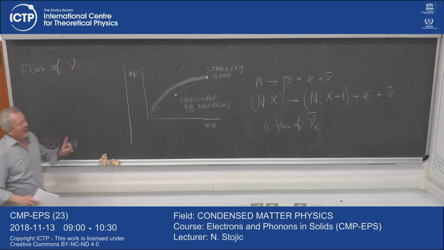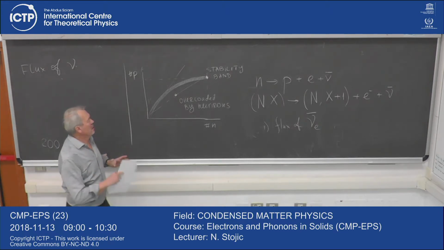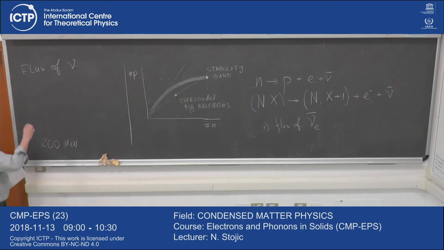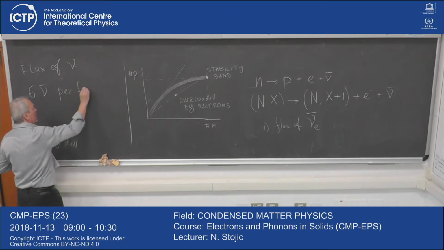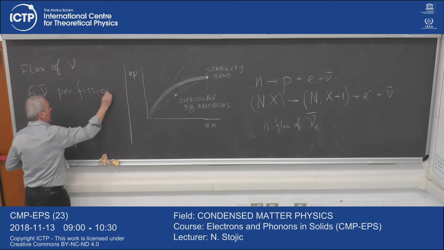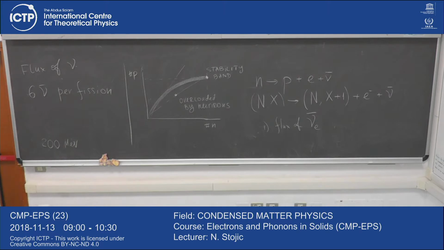One can compute that per fission process, on average, you produce 6 antineutrinos. How can you compute this? In a simple way.